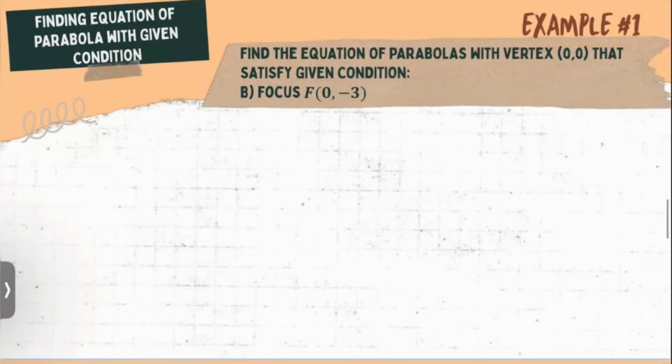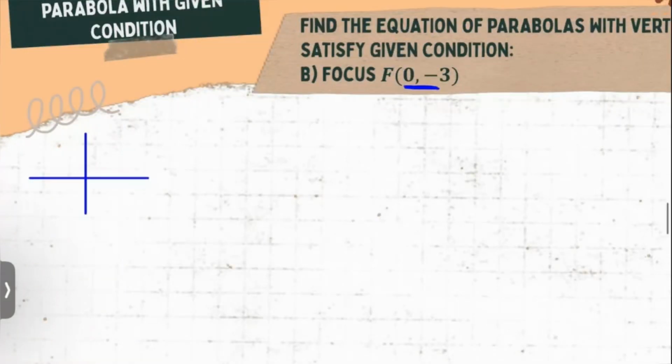So for this part of the questions, masih lagi menggunakan vertex yang sama 0, 0. Okay, ini sebenarnya soalan B. The condition now is focus is 0, negative 3. Okay, so let's say kita tak tahu dia dekat mana dulu kan. So let's try to sketch the shape dahulu. Okay, so vertex tadi dekat 0, 0.